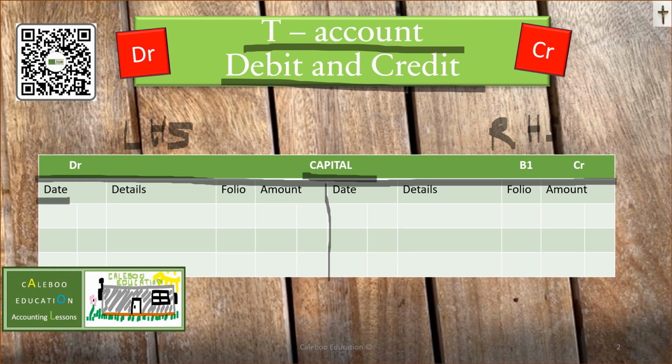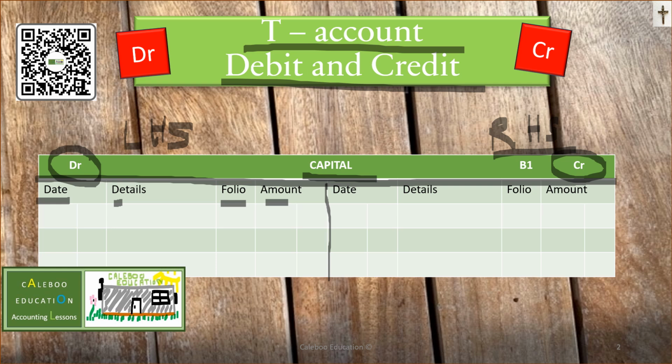Their column headings are date, details, folio, amount, and that is on the left-hand side, which is the debit side. DR comes from the Latin word debitore, that's why it's abbreviated DR. And on the right-hand side we have the credit side, from the Latin word creditor.